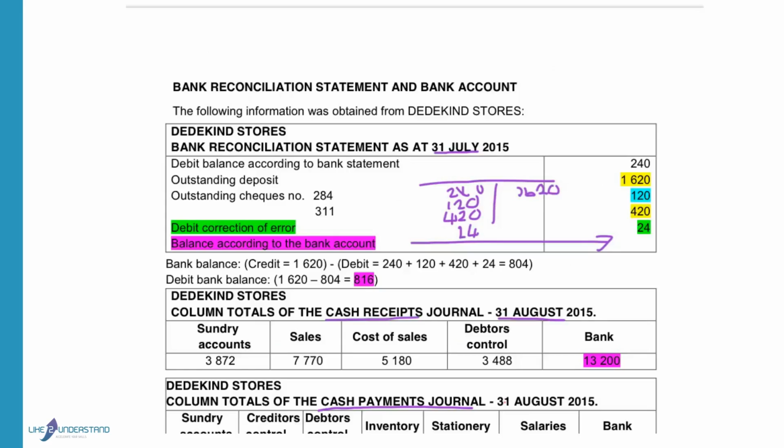Then we see in the bank recon for July, we said the bank must still record the deposit and they must record that check. So they've done now what we said they have to do during August. So it will not appear in the journals because we already recorded it in our journals during the previous month.